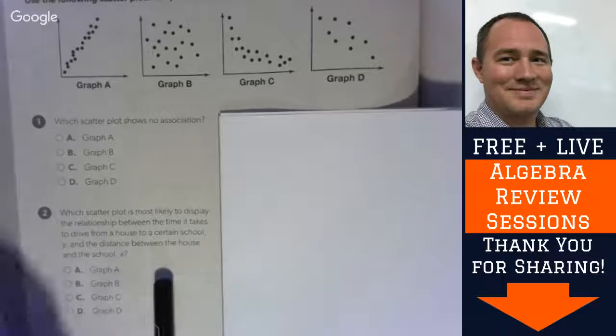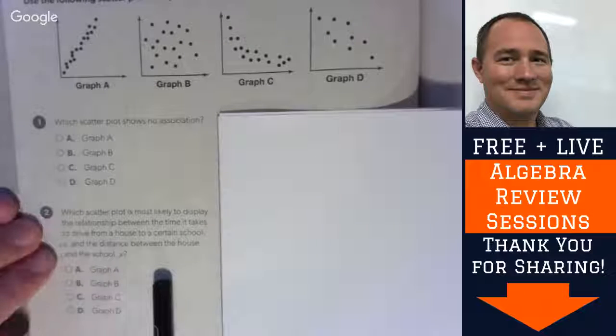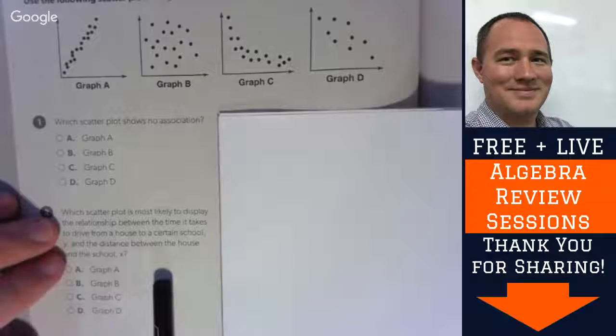Okay, question 2. Which scatter plot is most likely to display the relationship between the time it takes to drive from a house to a certain school, Y, and the distance between the house and the school?